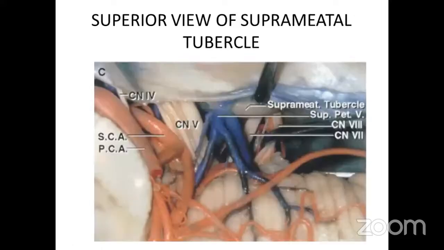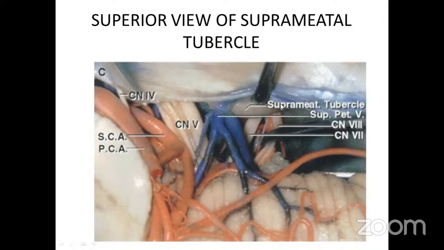And now, this is the superior view of the suprameatal tubercle. This is the superior view from the CP angle. This is the petrous part of the temporal bone, and this is the tubercle that is removed.